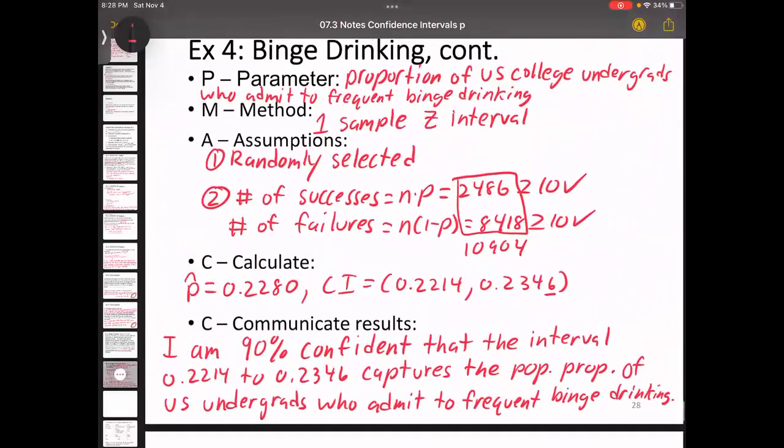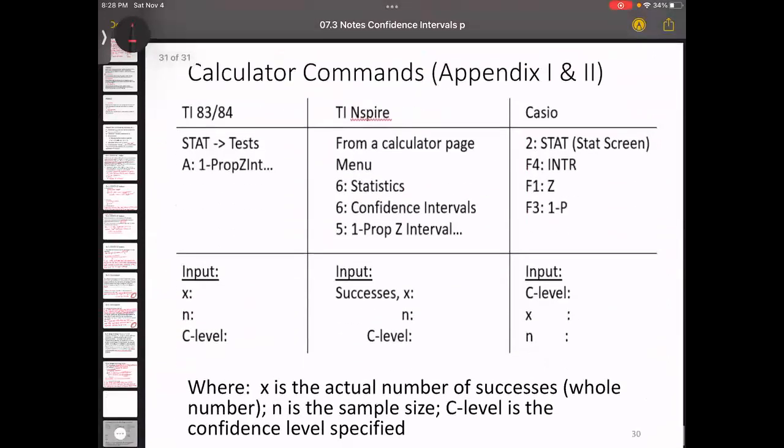Okay. So that's really the whole process. There's not too much more to it. In the last page of the section, there's a helpful guide where it lists out how to do each of these different processes in the different calculators, TI-84, TI-Nspire, and Casio. Very helpful. This is also available in the back of your book, starting at page, I believe, like 236 and onward.